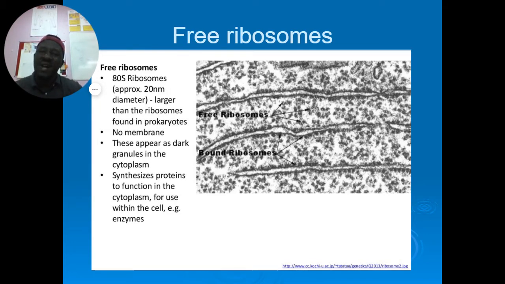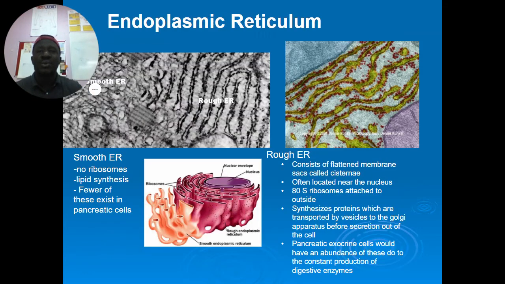When you find them attached to the endoplasmic reticulum, they form what we call the rough endoplasmic reticulum. They are responsible for assembling different amino acids during protein synthesis to form proteins. The proteins formed by ribosomes are then sent to a structure known as the endoplasmic reticulum.